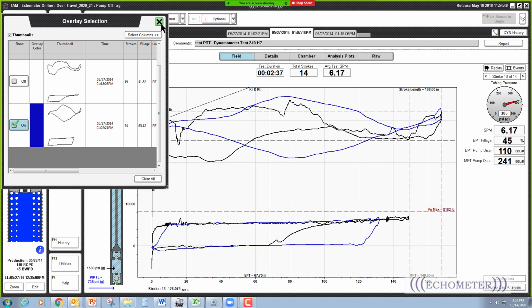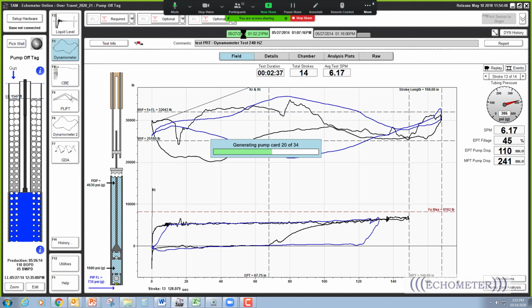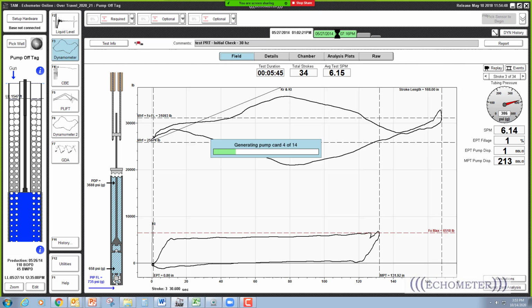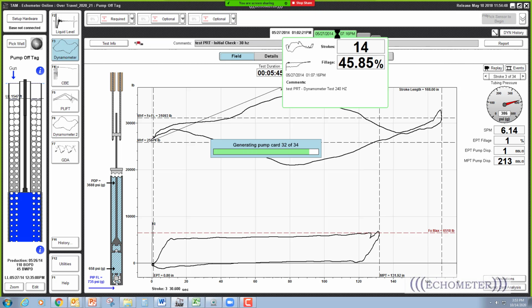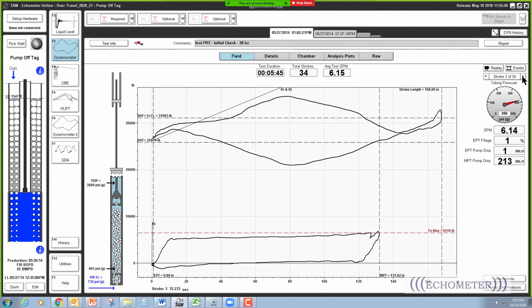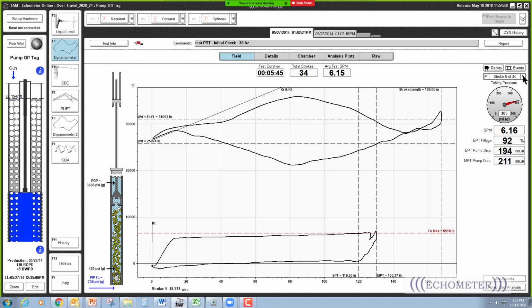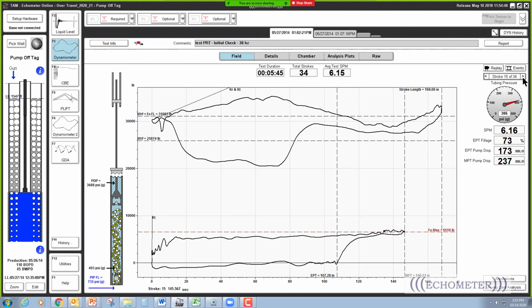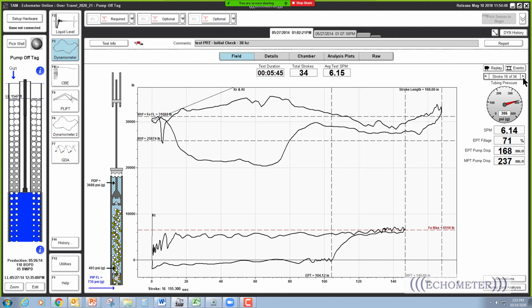And so if I go look at this tab right here, this is a stroke that is being overlaid on this data here. If I come over here and I change this to a different stroke, let's change it to stroke number 14. A little bit farther. There. That's a little tag.